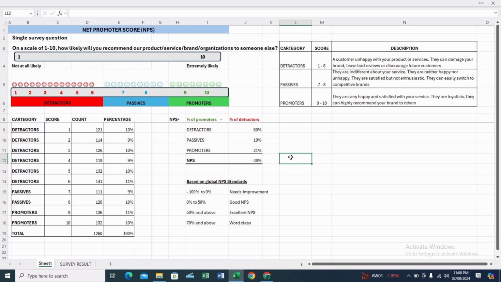They are supposed to find out the reason why they are unhappy or not satisfied with the company's services in order to know possible solutions to make them happy and convert them into promoters. The main question such a company with a bad NPS score should be asking is how to convert detractors into promoters.